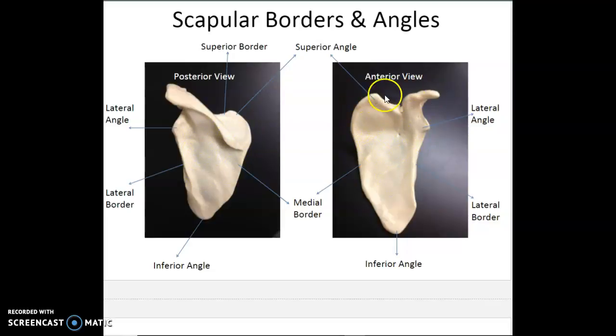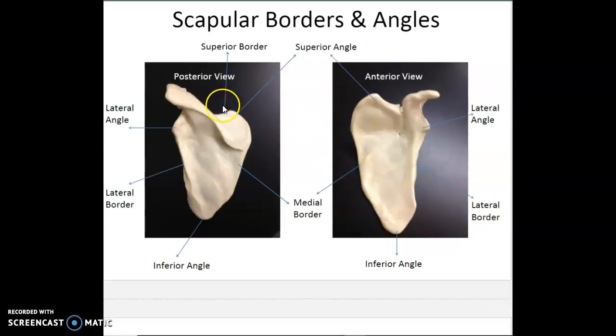This is the deeper side. Okay, so this top area right through here, superior border. The border next to where the arm would fit in, there's our glenoid fossa right there. Remember our arms always fit in laterally. So that means this border right here is our medial border, also referred to as the vertebral border, because it would be the one next to the vertebrae. So this would be more towards the middle of the back.